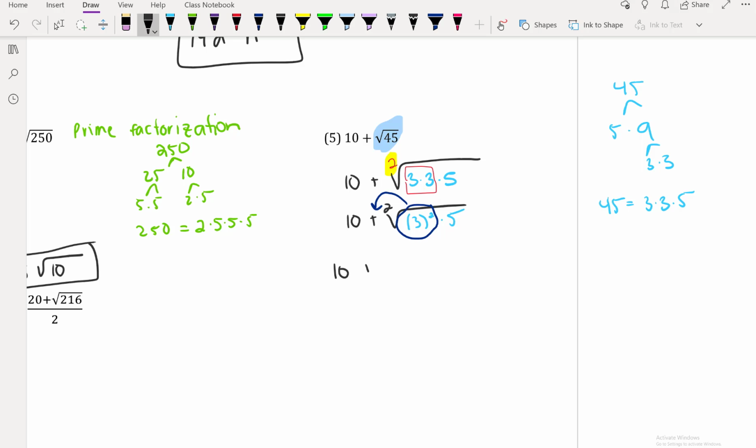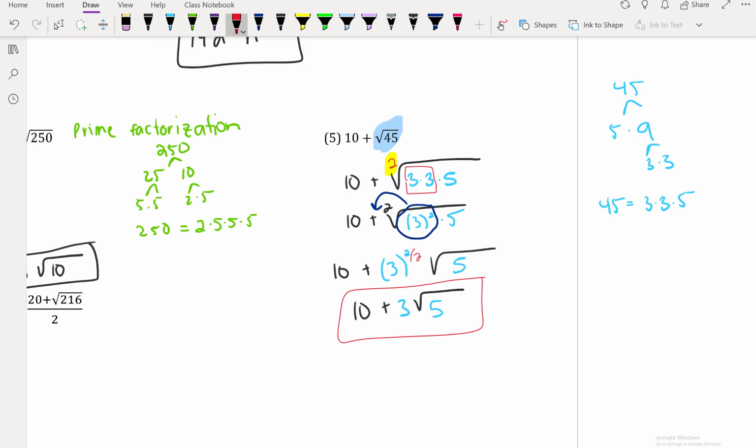So I have 10 plus, and I have my 3 squared divided by my index, and what's left inside is that 5. So I'm left with 10 plus, and what is 2 divided by 2? It's 1. So you're left with a 3 square root 5. So my answer is 10 plus 3 square root 5 as my final answer.